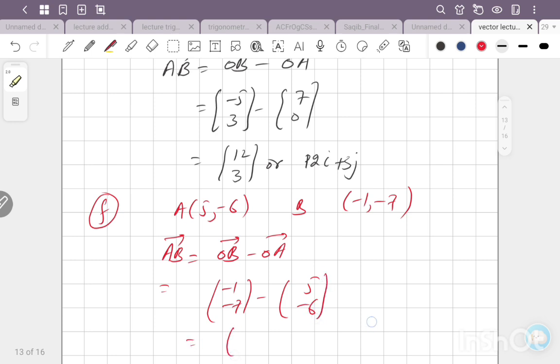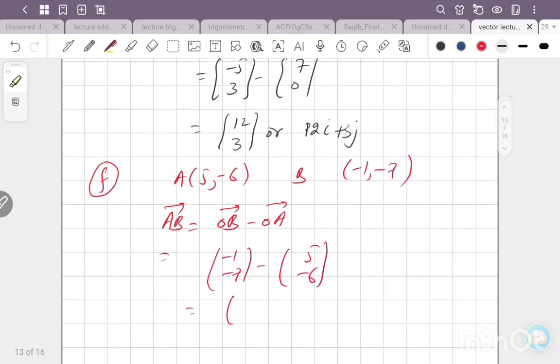So we get minus 1 minus 5, it will be minus 6. Minus 7 minus minus 6, it will be minus 7 plus 6, it will be minus 1. So we got the answer: minus 6i minus j. Hopefully, dear friend, you can understand this question.